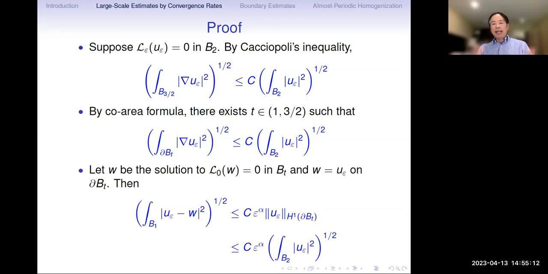Okay, and that's all we need, because now you just take W to be the solution in B_t whose boundary data agree with U epsilon on the boundary of B_t. And so you will use the previous estimate with the H1 norm on the boundary of B_t, but the H1 norm on the boundary of B_t is controlled by the L2 norm of U on B2. And that finishes the proof. Okay. Any questions, please?